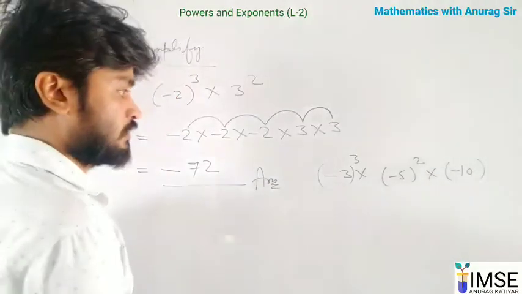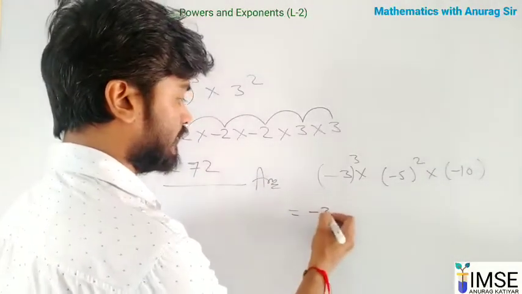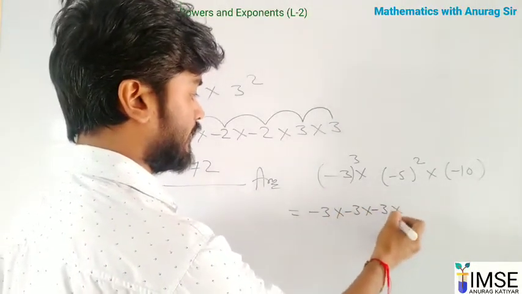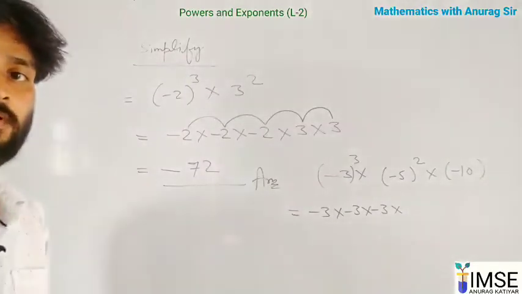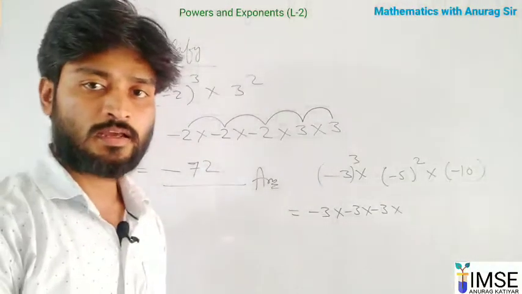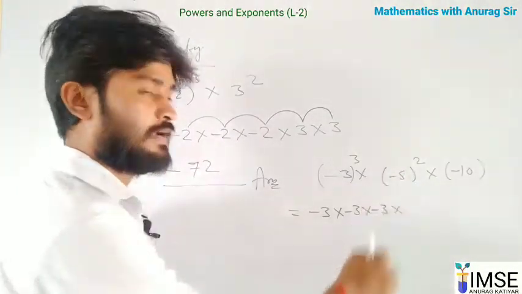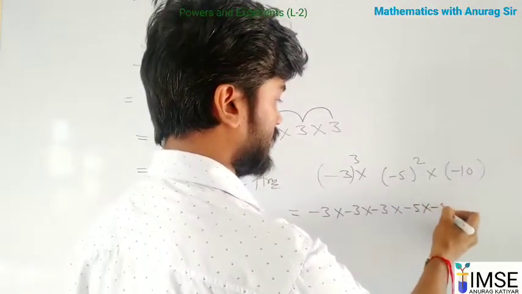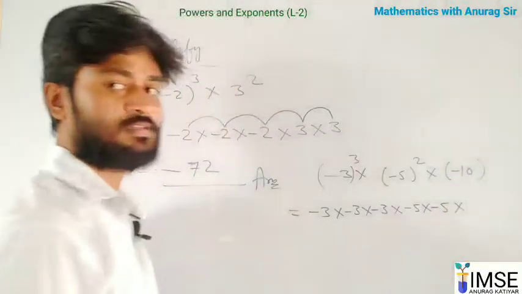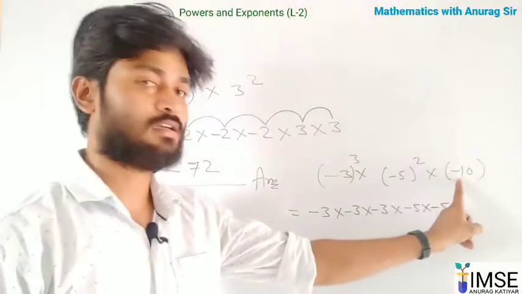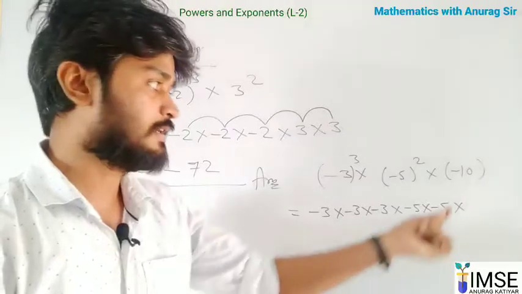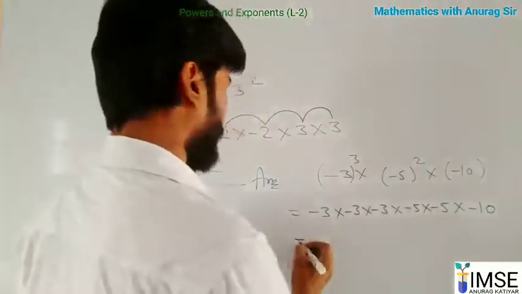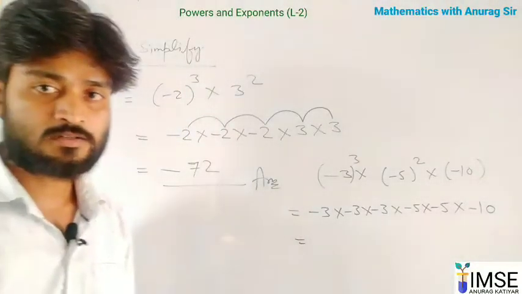So I write minus 3 three times, minus 3 into minus 3 into minus 3, and again apply the formula of a to the power n. Here n is 2, so we write minus 5 two times, minus 5 into minus 5, and the last one is, dear students, I write minus 10 only one time because the exponent given is 1. So minus 10.